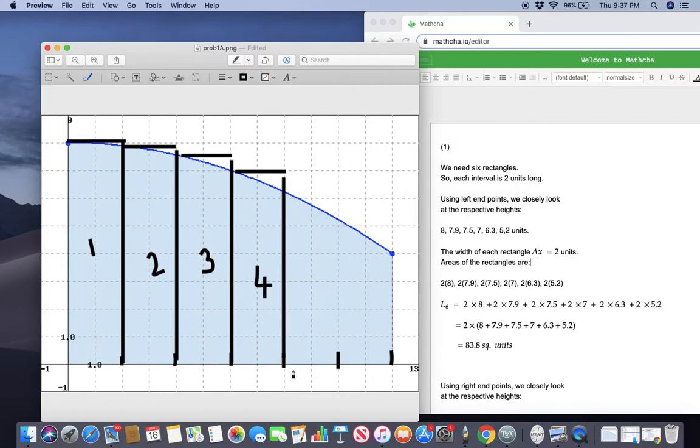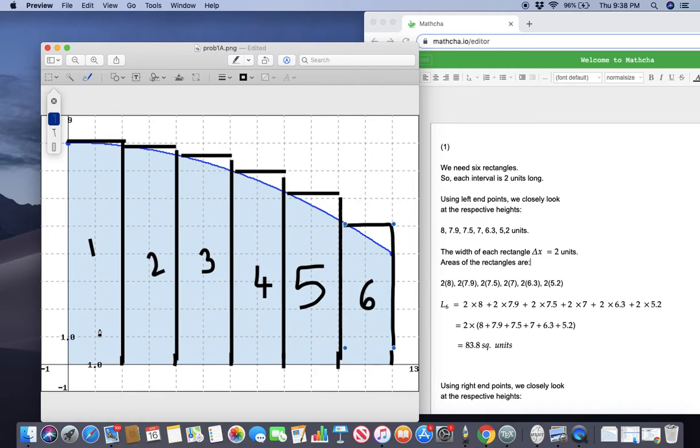This is the left hand point, so my height starts where it meets the curve. This is the fifth rectangle. And this is the sixth rectangle. I need to use the height based on the left hand point that meets the curve here. And there you go.